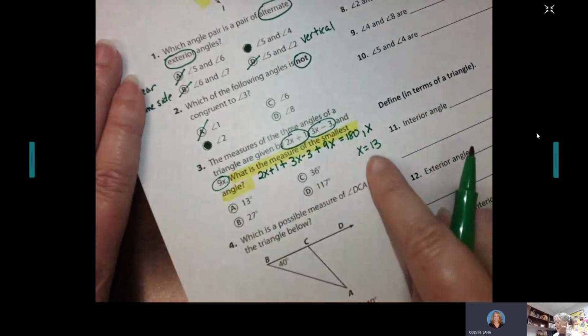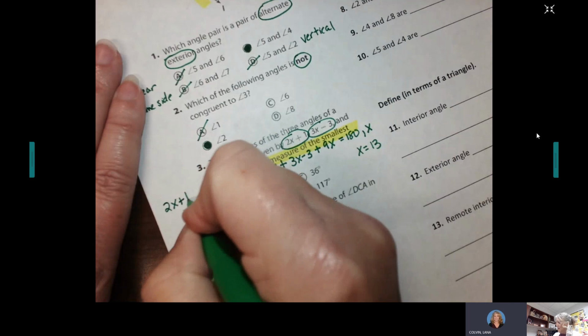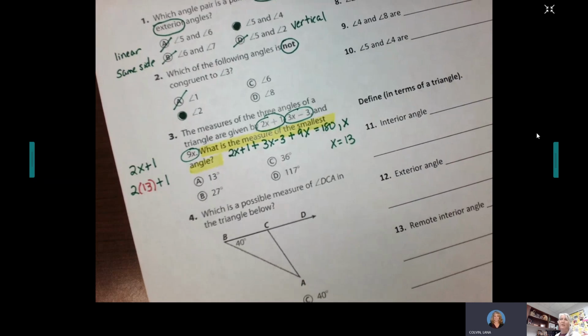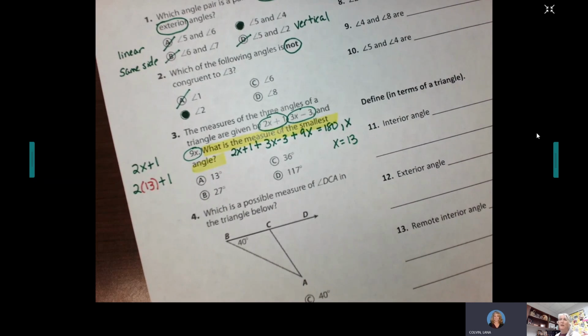So that means I've got to plug a 13 in for the x. I've got to do 2 times 13 plus 1. Y'all have calculators. What is 2 times 13 plus 1?